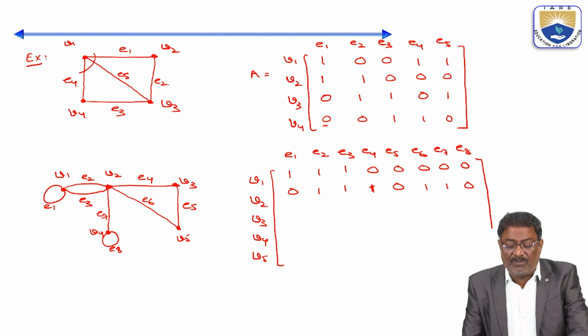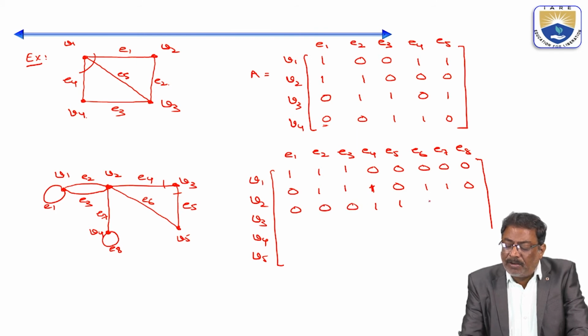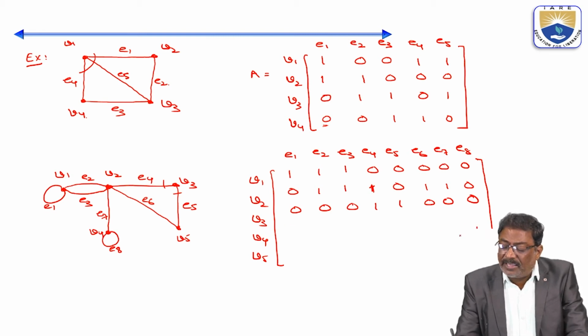And V4, if I am considering, E7 and E8. The remaining things are zeros.